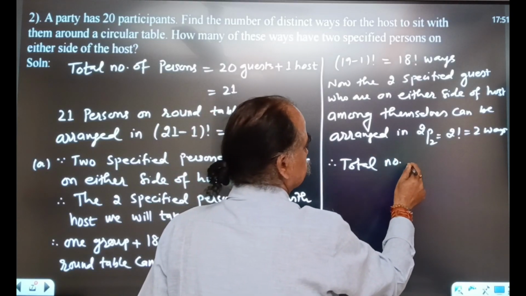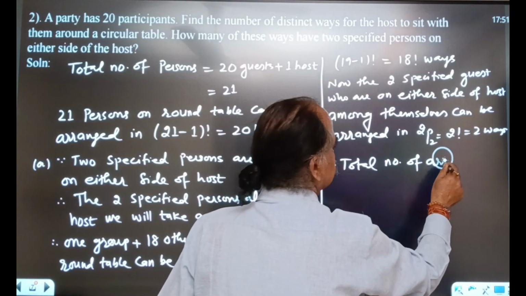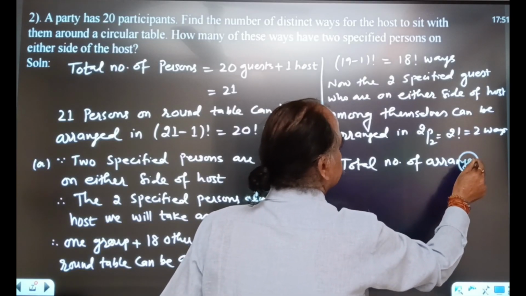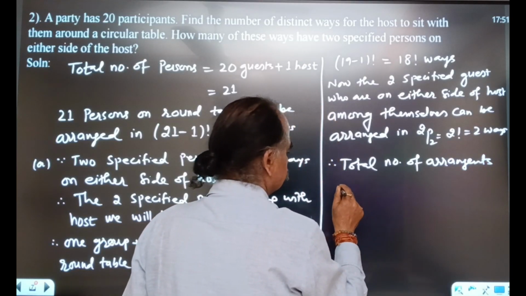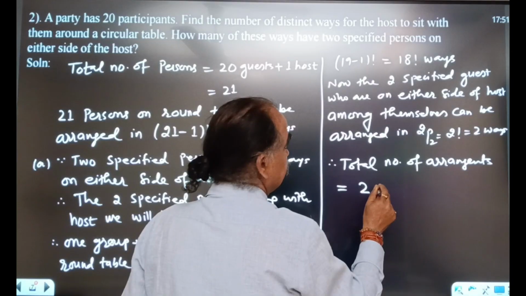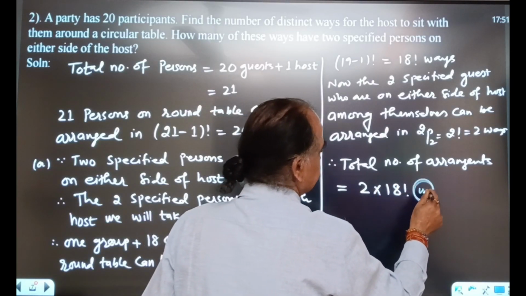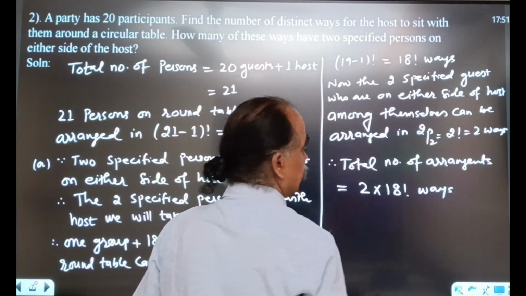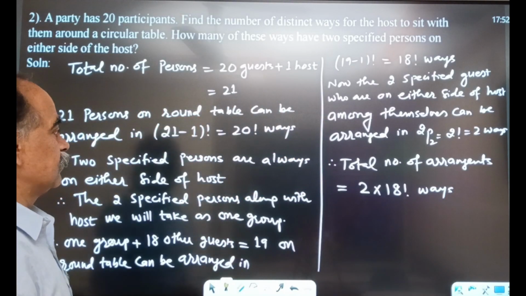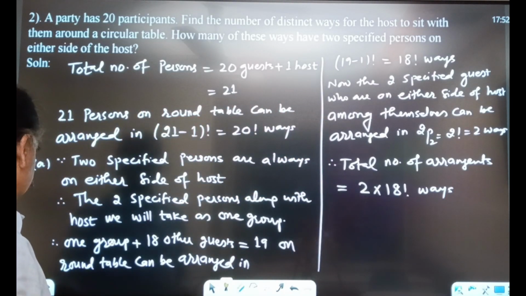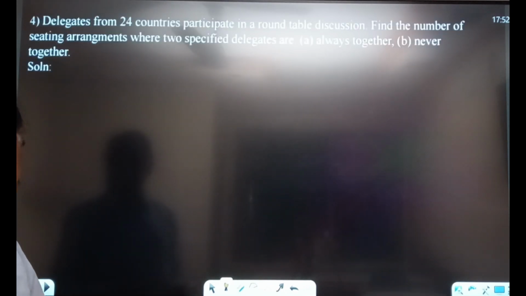Therefore, one group plus 22 other delegates, out of 24 two are in one group, is equal to 23.